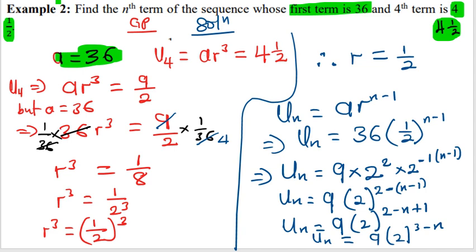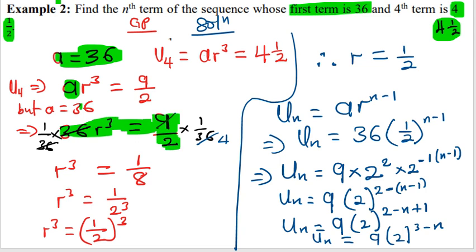But we know our first term to be 36, so we substitute there. So we are going to get 36r^3 equal to 9/2.